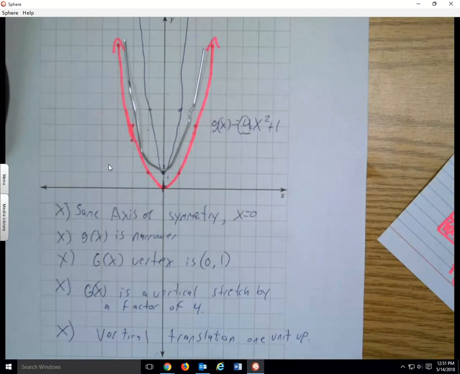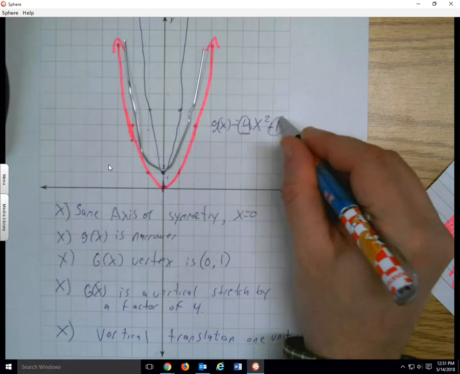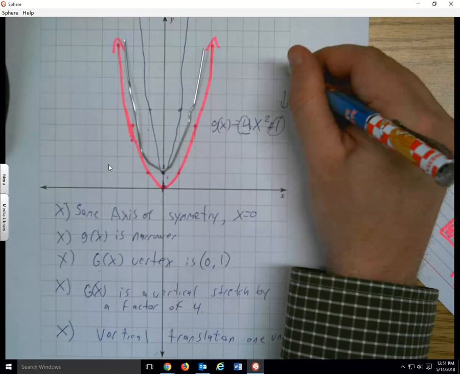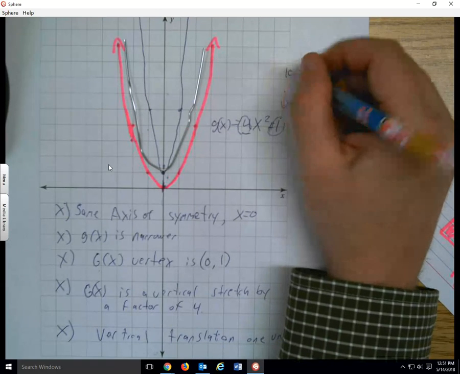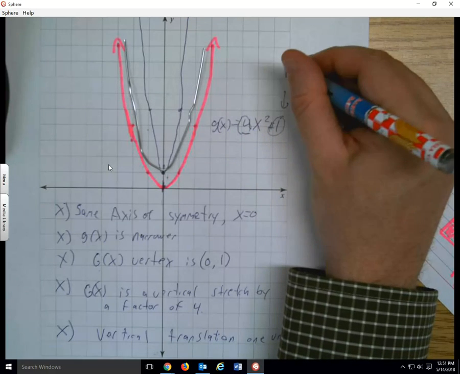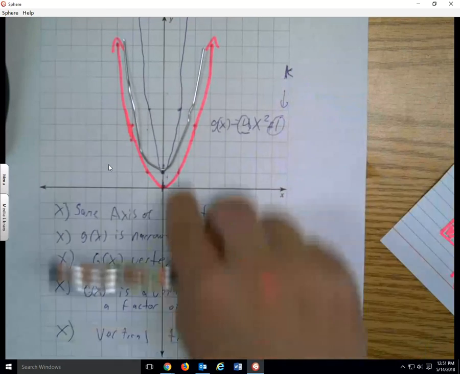Upwards or up. Okay, that would be the answer, but I want to point out something, that it went up 1 unit, but you could have seen that from the equation. See how it was a plus 1? Whatever the k value is. Right now we're thinking this is a c, I know, but we're going to call it k later. Start doing it now. Whatever the k value is, that's how much it gets translated.